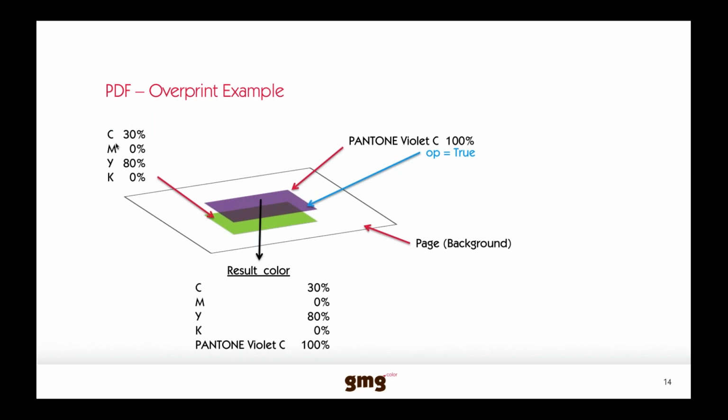Yes, there's an example with an overprint for a normal CMYK color and a spot color. So if you, for example, take a color 30/0/80/0 and you overprint it with a Pantone Violet C, which is 100%, you will get as a result 30/0/80/0-100.